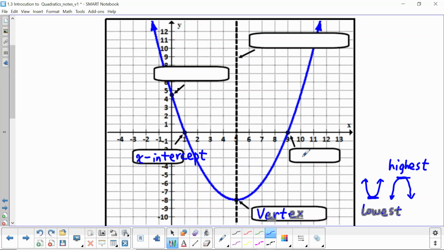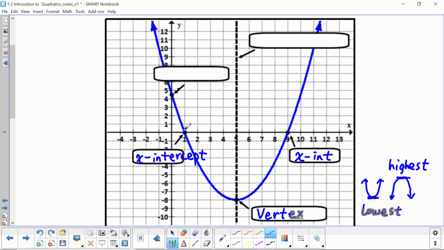Sometimes you have two, sometimes you may have one, and sometimes you may have none. I write it in a short form, x-intercept. And the x-intercepts are the points where the parabola intersects with the x-axis.